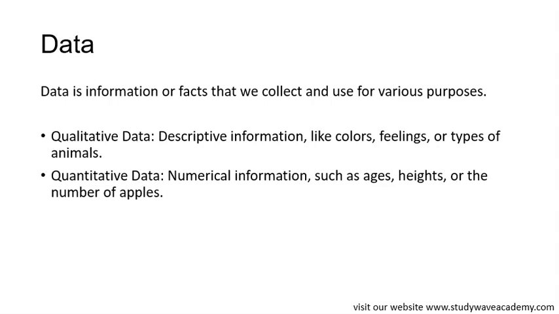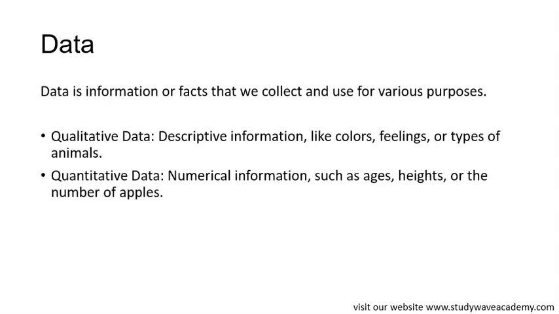Then quantitative data is numerical information such as age, height, or number of apples. It's number information. Do you understand? So we now know two types of data.